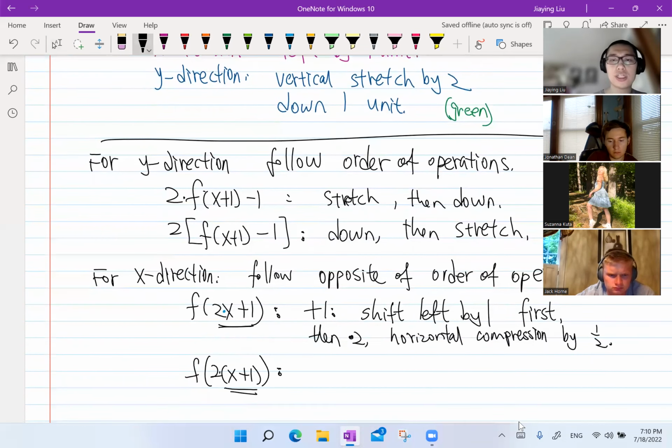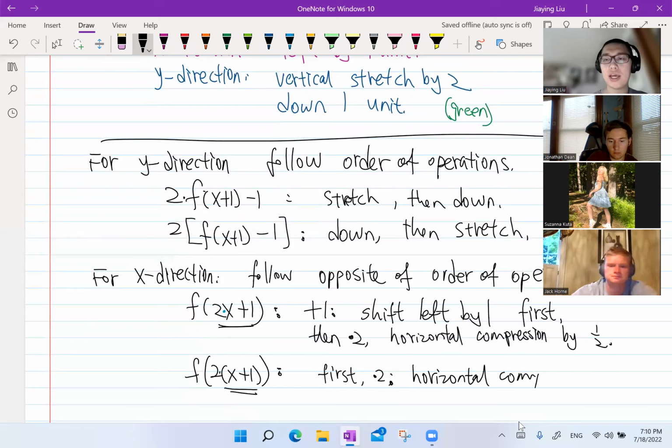So in this case, first, we're going to think about the multiply by 2, which is saying that we're going to do a horizontal compression by 1/2.